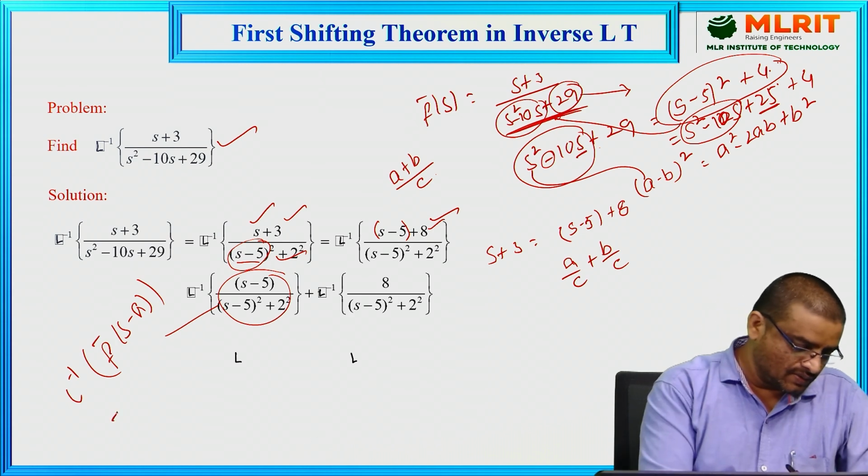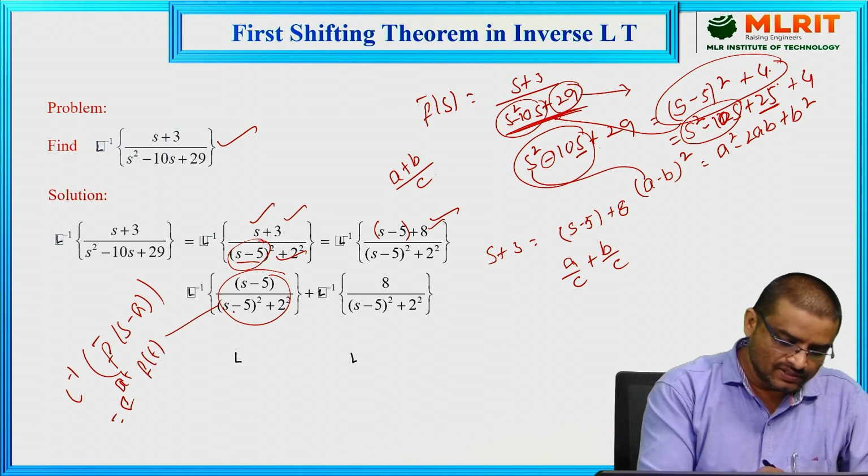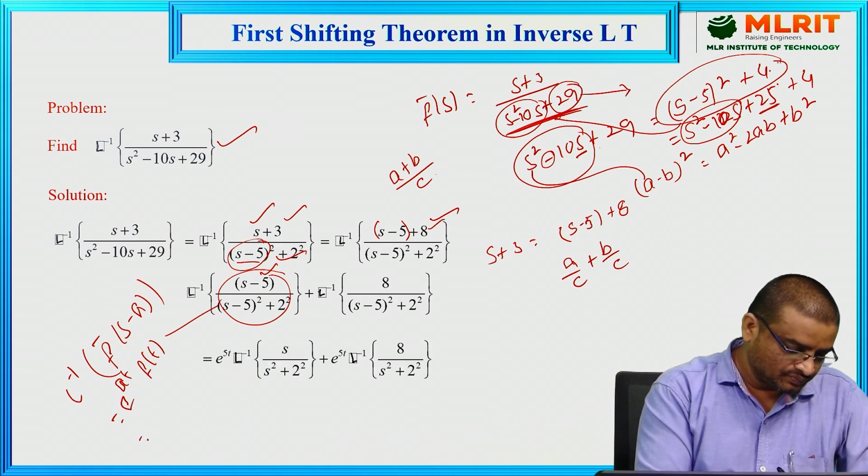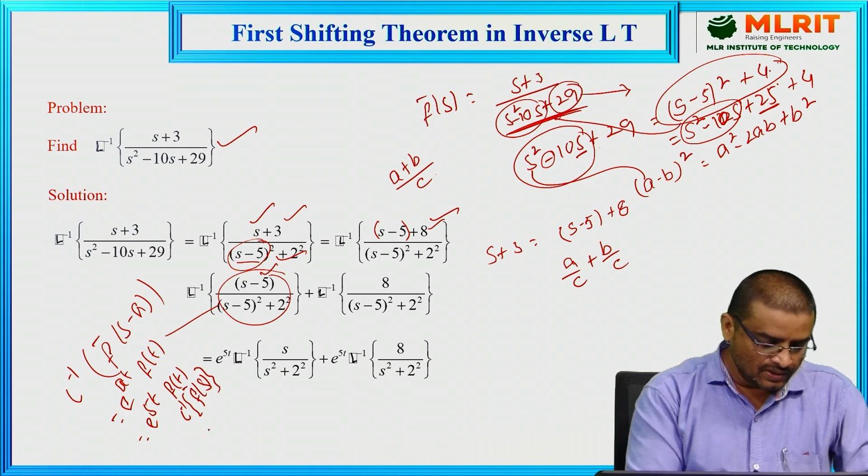So this can be written as e power at into f of t. Here a is nothing but this constant, so this can be written as e power 5t into f of t. f of t can be written as L inverse of f bar of s. How do you get this f bar of s?